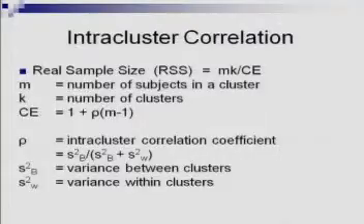Okay, so what I'm going to introduce here is the real sample size. When you have intracluster correlation coefficients that are non-zero, you have to, in effect, penalize yourself by what I'm calling CE, or the cluster effect. MK is our typical number of observations in experiments: M is the number of subjects in a cluster, K is the number of clusters.